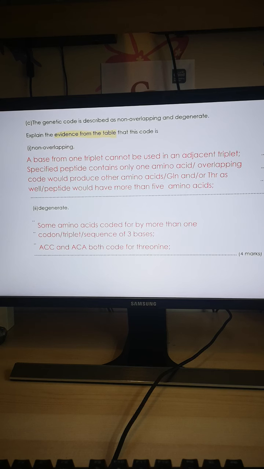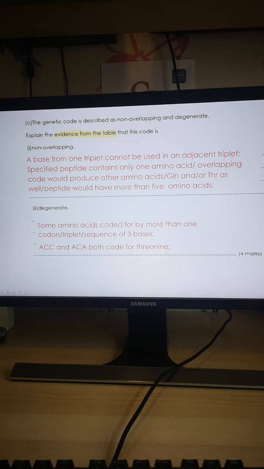For degenerate, it's not as varied, the answer. Some amino acids are coded for by more than one codon. That's your first mark point, and that's always going to be a first mark point. And then in this example, we've only been given one, which is ACC and ACA, both coded for threonine.